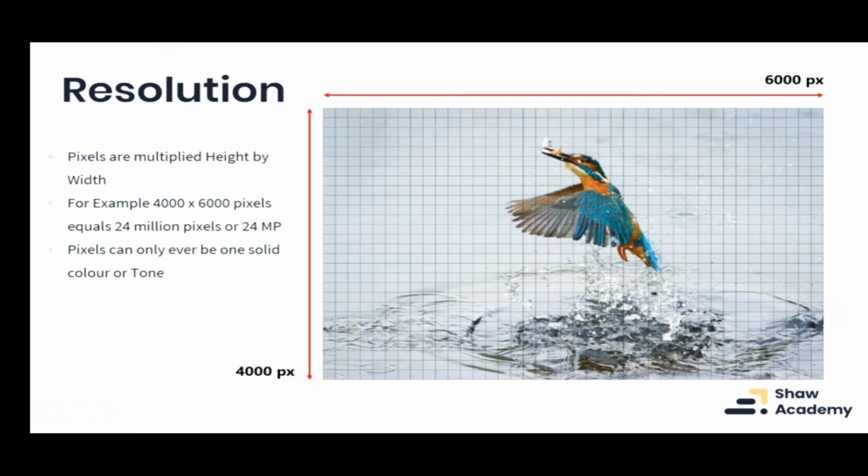No matter how hard you look, it'll only ever be one solid color or tone. Pixel size is determined by the image sensor size as well. So you might be wondering, if my phone has 42 megapixels and my camera has 18 megapixels, does that mean that the phone is going to take a better quality photograph? That's simply not true, because there's a difference in the actual physical size of the pixels.